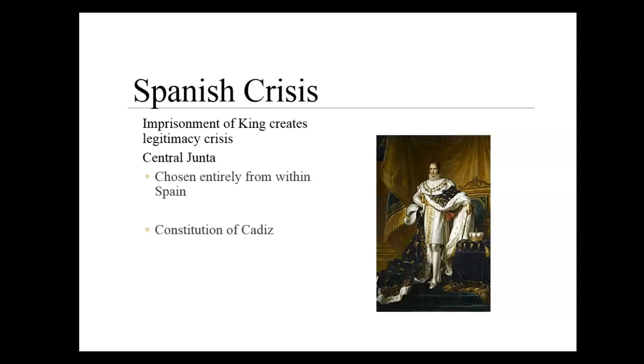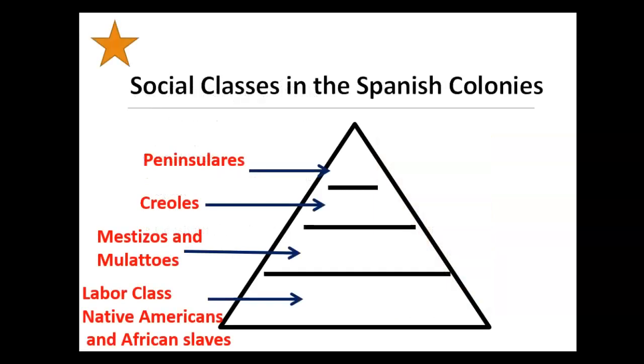As the chaos continued across Latin America, people broke with formal authority. Moreover, as Napoleon's conquest of Spain intensified, the social tensions that were simmering long before also continued to rise in the Americas.